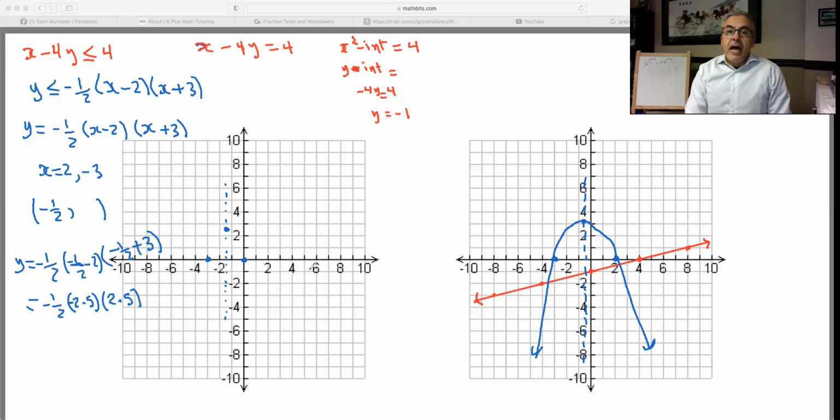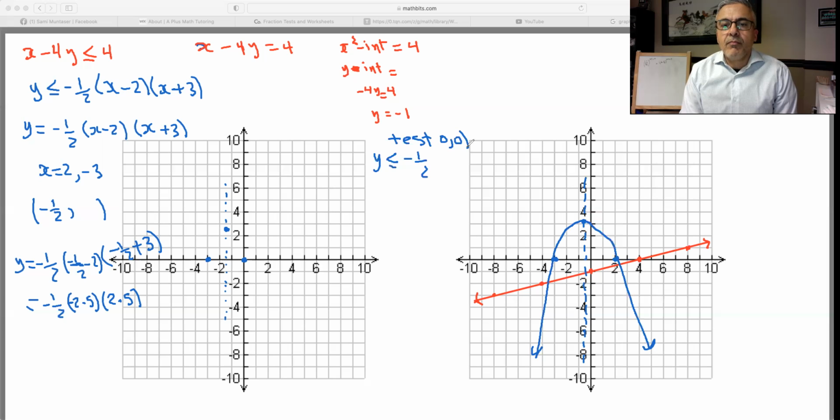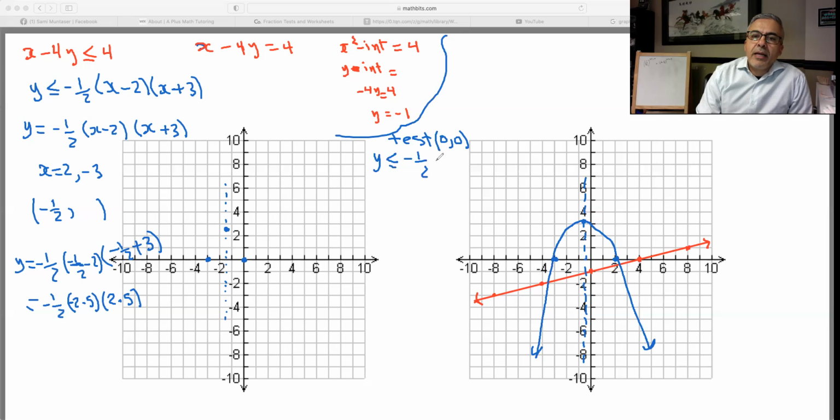Okay. Now we come to the part where we're going to be testing where we're going to shade. So 0, 0 actually works right now because none of these graphs go through 0, 0, and 0, 0 is always the best one to work with. So I'm going to test for the parabola since I'm on blue right now. So y is less than or equal to -1/2(x - 2)(x + 3). Test 0, 0. So now if we plug in 0 for x, we're just going to get -2.